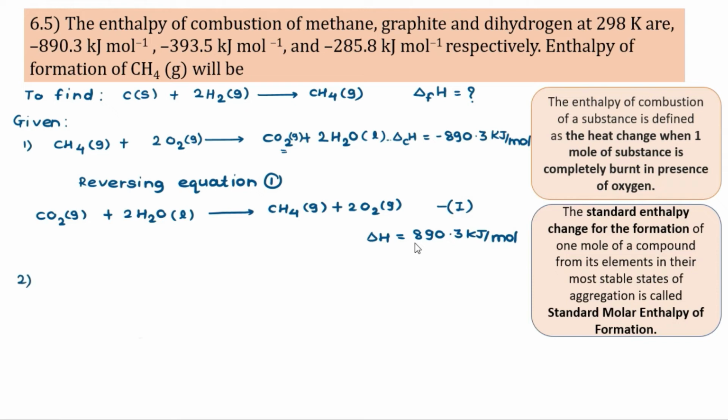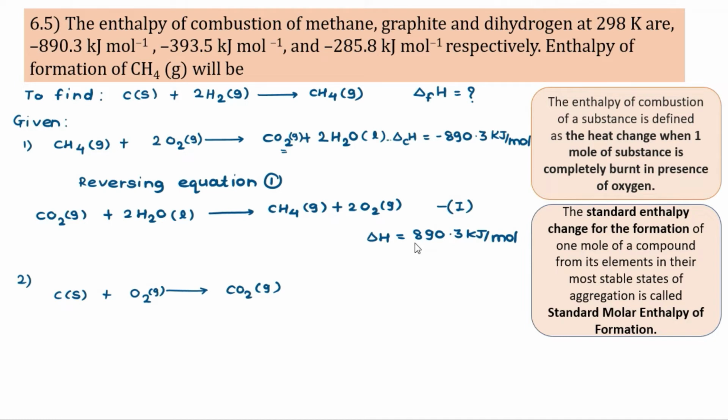Then the second equation is enthalpy of combustion of graphite. So graphite is nothing but carbon in solid state. So carbon reacts with oxygen, that is, burns in presence of oxygen to give CO2, which is again in gaseous state.